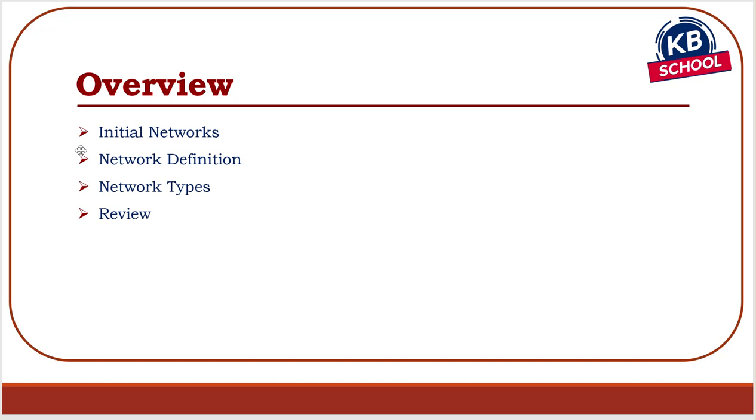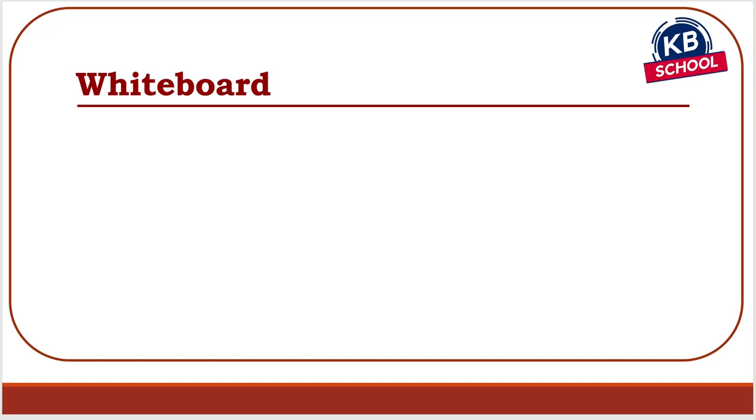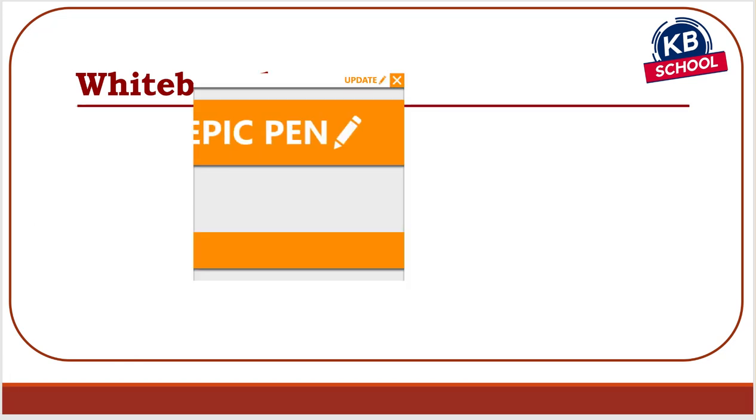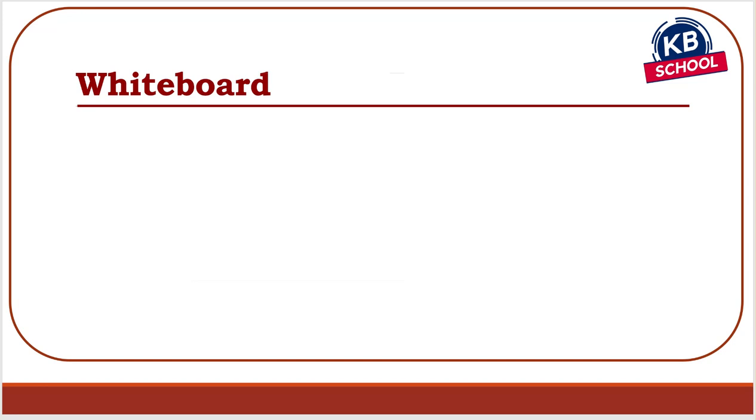All right. So coming back to the initial networks, let's take a look at what used to exist in that era. And then I'll show you the slideshow as well, to help you understand the definitions that I will go through. As I said, when you went into an office in those days, you would have a PC, maybe multiple personal computers, and one of those computers would have an attached printer.